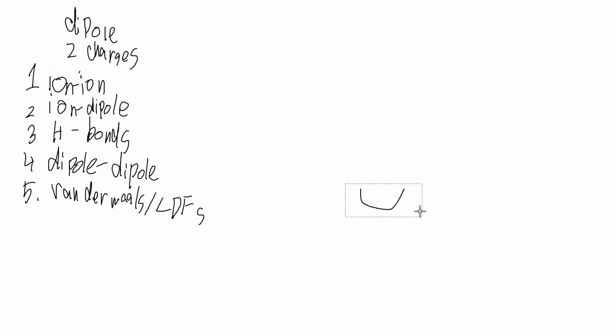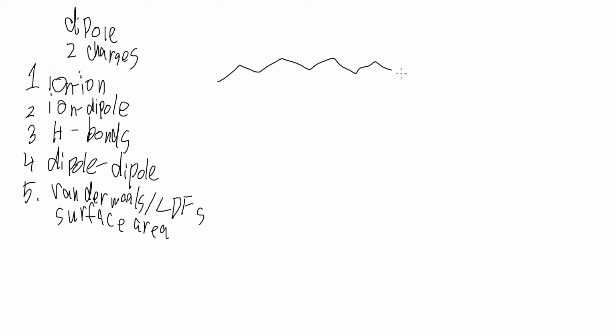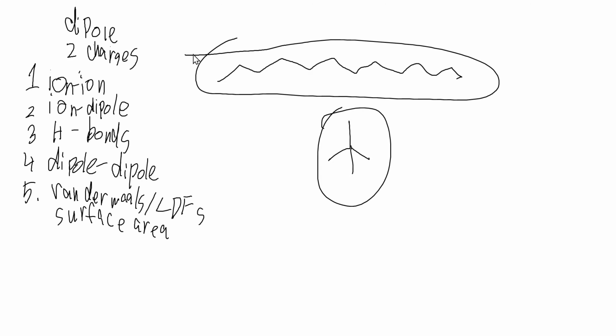And so this is actually a very special case of IMF, because it's very dependent on surface area. You can imagine, if I do something like this, where each joint represents a carbon atom, this is going to have a lot more London dispersion forces than this, because this is more clumped up, more spherical, whereas this is more of a line, and so it has more surface area.